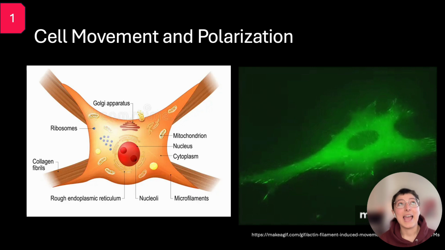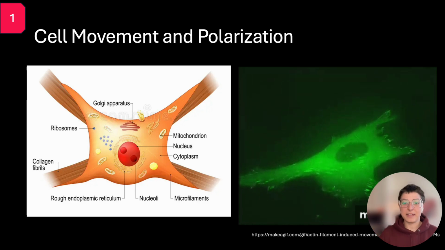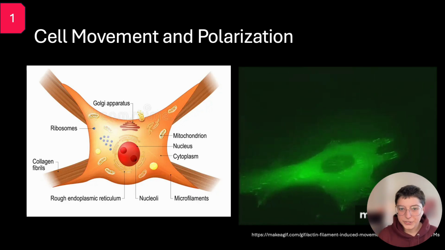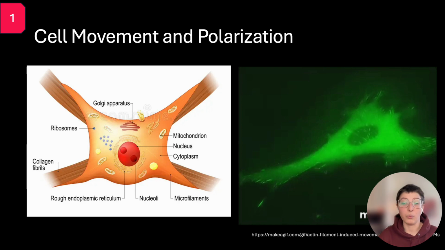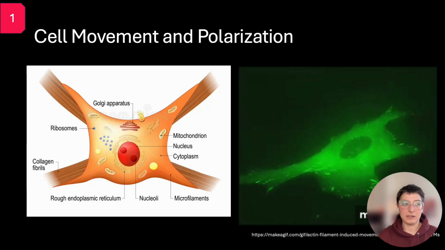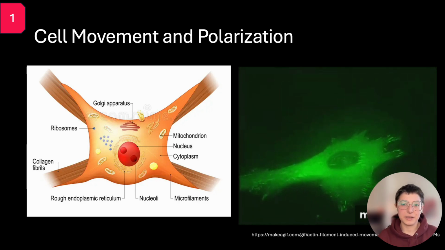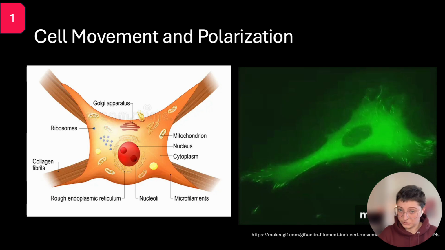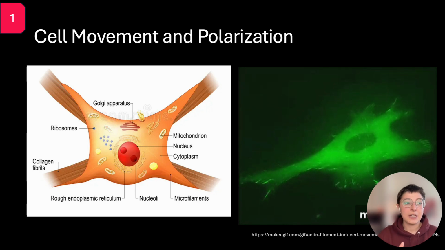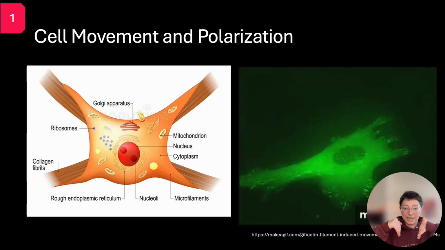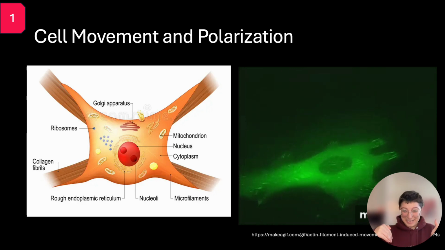When they move, it's usually in response to a wound. So burns that penetrate multiple layers of the skin, second degree and third degree burns, leave a huge gap where there are no cells.